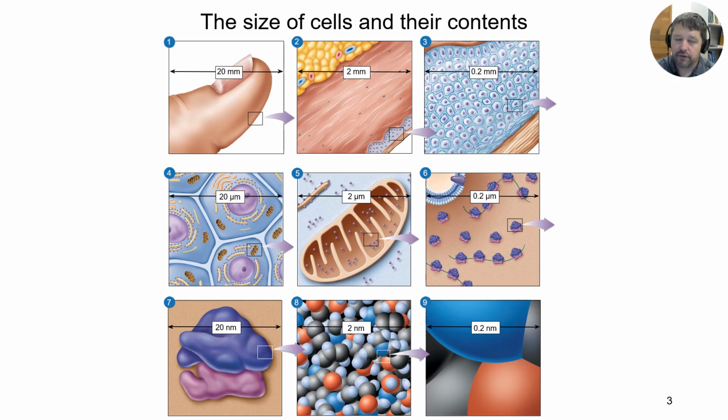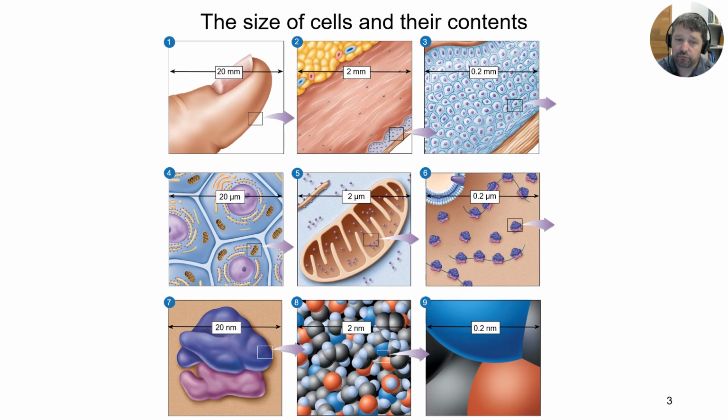And then if you start diving into the cell, you can start looking at the organelles. So this is a mitochondria, it's about 2 microns. If we start looking at smaller processes, like how proteins are made, the structures that are making proteins, ribosomes, are maybe 0.2 microns, or maybe even smaller at 20 nanometers.